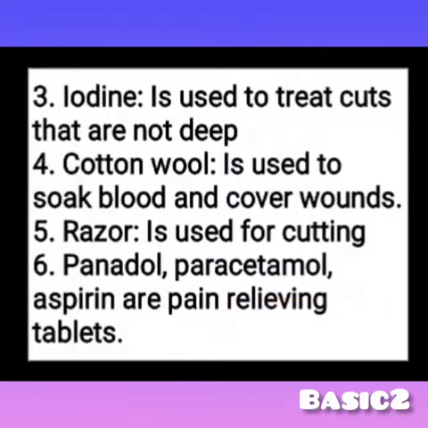Next object found in the first aid box is iodine. Iodine is a liquid substance in a container. It's used to treat cuts that are not deep. You don't apply iodine on cuts that are deep.